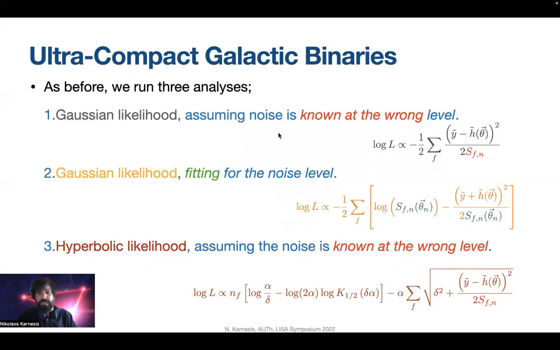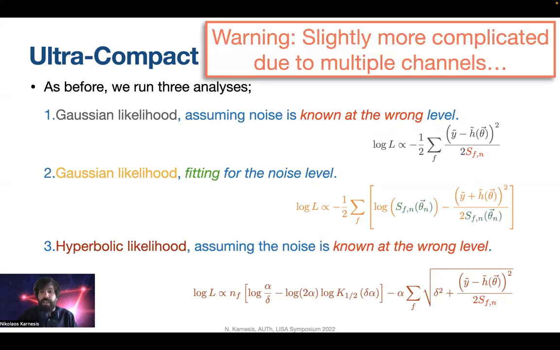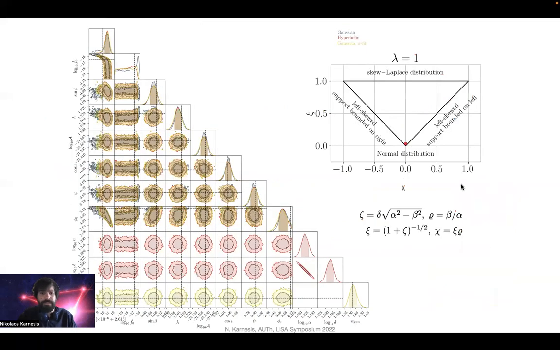Again, the same thing: Gaussian likelihood with the wrong noise level, Gaussian likelihood fitting for the noise level, and then hyperbolic likelihood assuming the wrong level of the noise, but also having these extra parameters to fit. Now, this is slightly more complicated because I have written it in matrix form because we have two channels, but this is just for showing the idea.